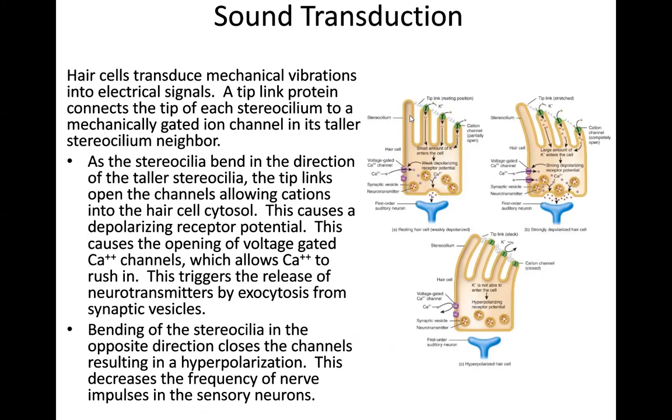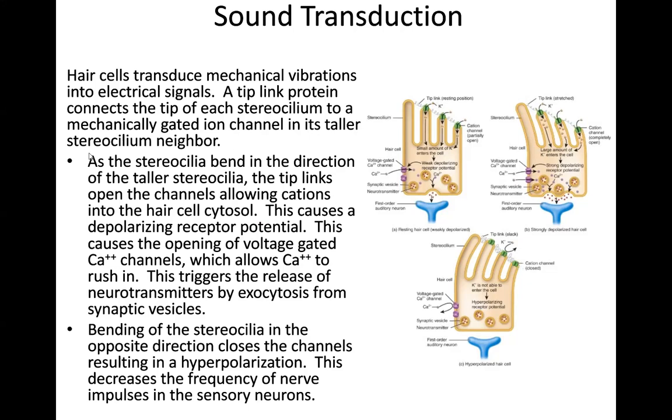Now notice here, and it's not an accident, that these stereocilia are of unequal size. It goes basically from tall to shorter, from left to right here. If we look at figure B and figure C, the hair cells can bend their stereocilia towards the bigger side, or they can bend in the other direction toward the smaller side.